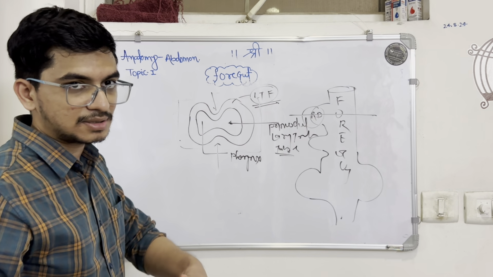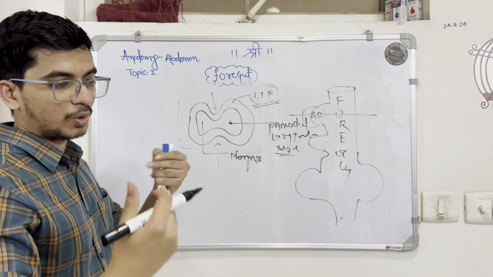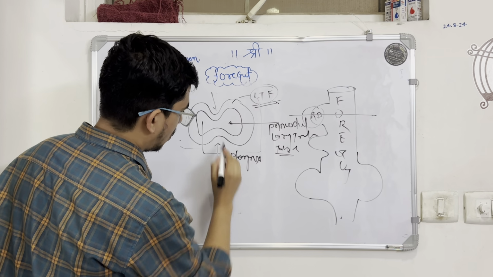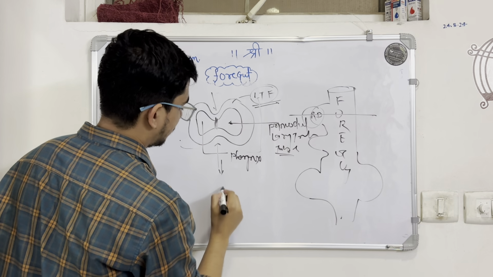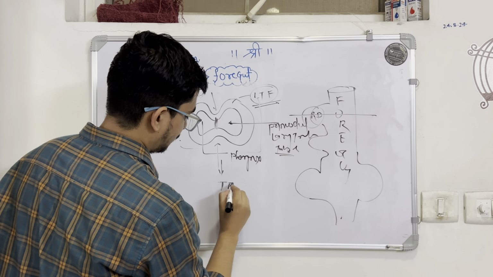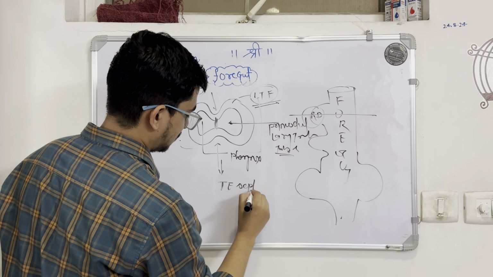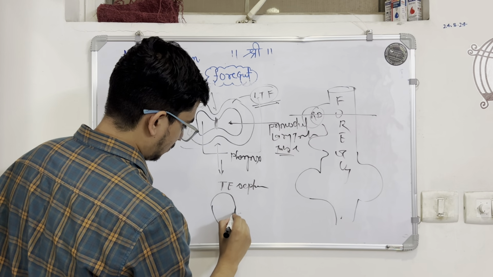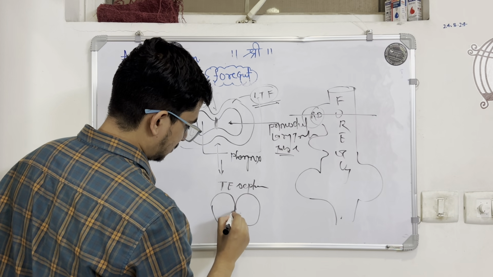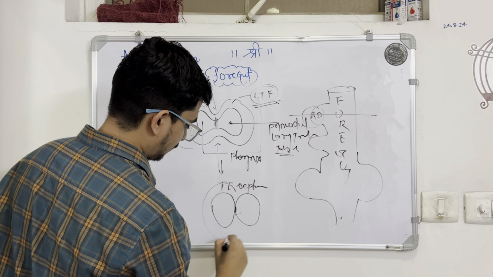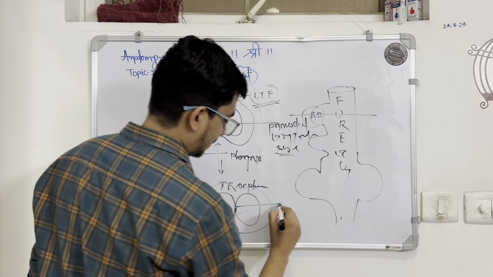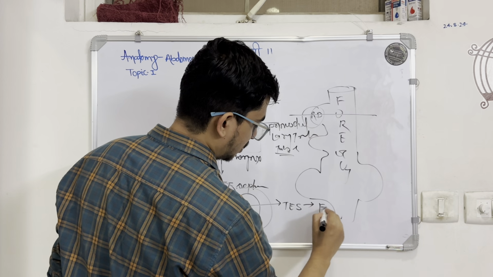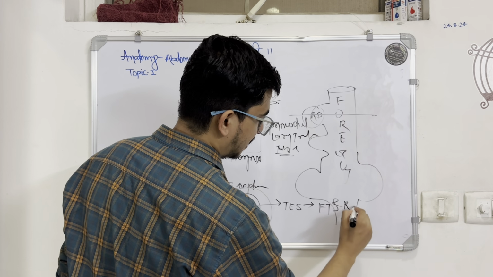Now there is formation of a septum called the tracheoesophageal septum. The tracheoesophageal septum separates the food tube and the respiratory tube.